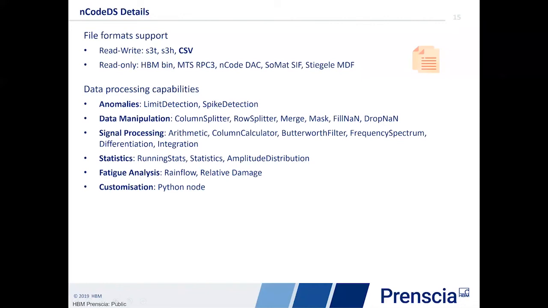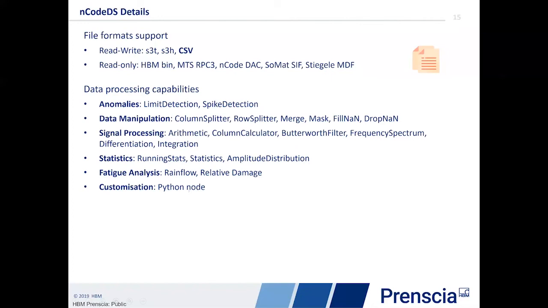In terms of fatigue analysis, that's a key differentiator to us. We do have strong expertise in this domain. We've got a rainflow cycle counts algorithm and some relative damage nodes as well that you can use. Last but not least, if there is something that you really want to use and it has not been listed here, you can use your own Python code.